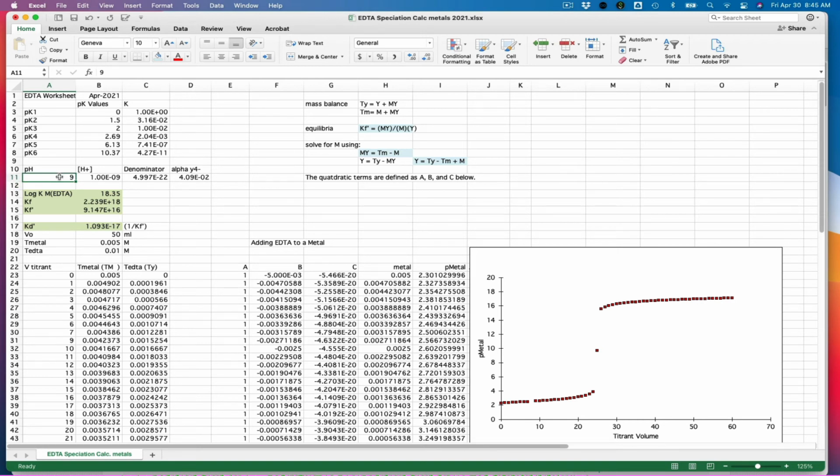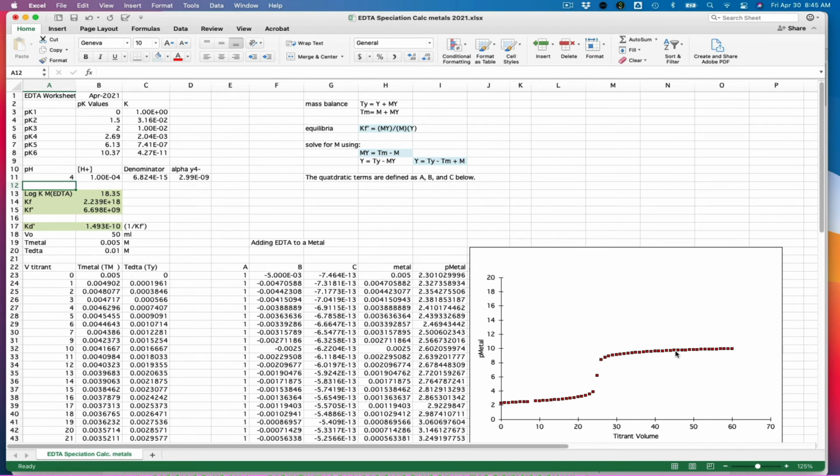Let's go from 7 and we'll go down to 4. So now we're going to make EDTA a weaker complexant because it's going to be in competition with all those protons. And boom, notice it went from 10 to the minus 16 down to 10 to the minus 9, or a pMetal of 9.